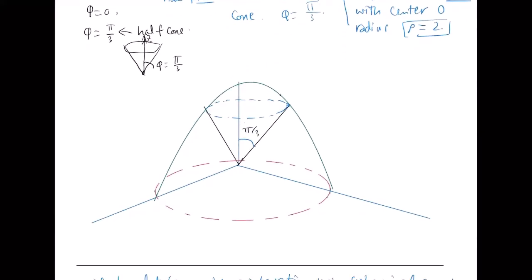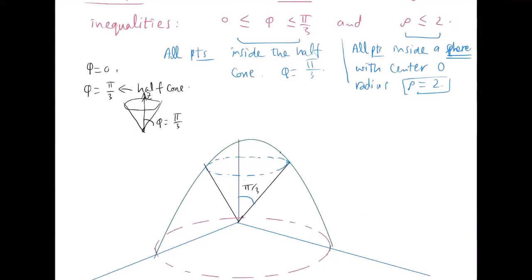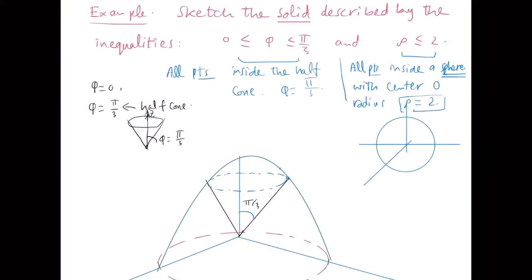So we have here this to draw. We need to satisfy these two inequalities together, Shahab. We need the points inside this cone. We need all of the points inside this cone and inside this sphere at the same time.